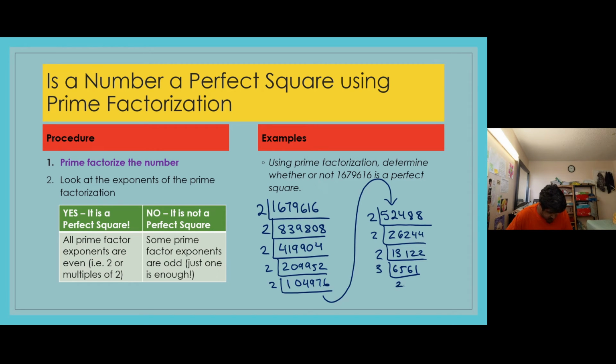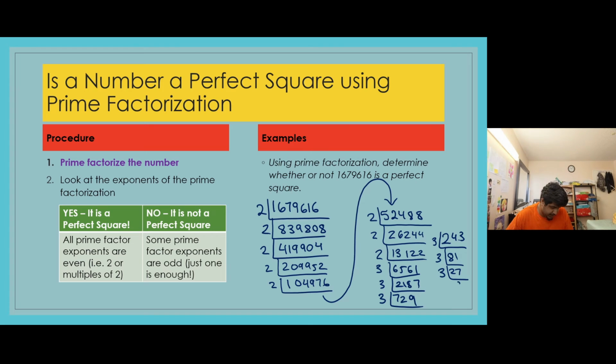Which gives us 2,187. I'm going to run out of room again, I think. Dividing it by 3 gives us 729. Which we can do again, which gives us 243. Okay, let's use this now. Alright, and we divide that by 3 again, we get 81. We can divide that by 3 again, and we get 27.